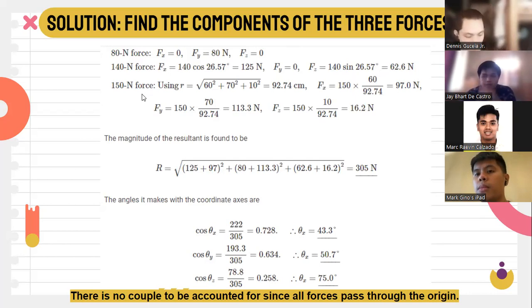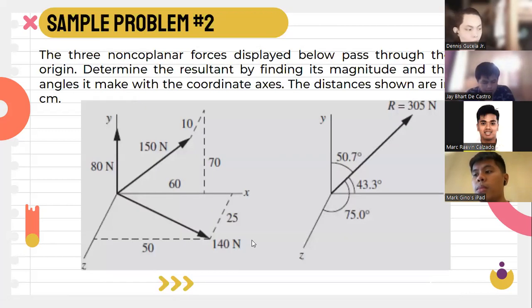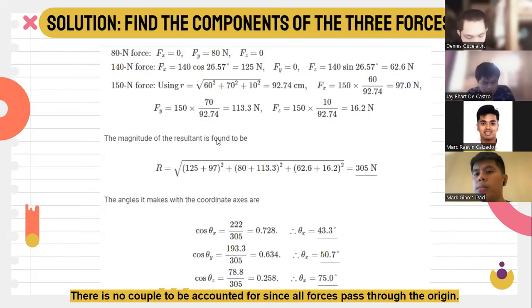In our F sub 3, we will be using the resultant formula. So we apply the resultant formula and substitute the givens from the 150 Newton force, which is 60 in the x-axis, 70 in the y-axis, and 10 here.